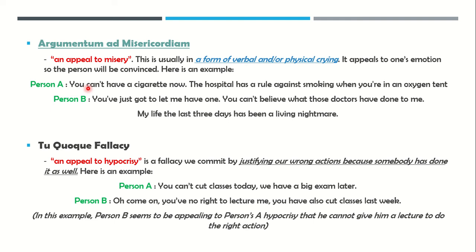So here is an example. Person A says, "You can't have a cigarette now. The hospital has a rule against smoking when you're in an oxygen tent." Person B replied, "You've just got to let me have one. You can't believe what those doctors have done to me. My life the last 3 days has been living a nightmare." So, di ba? Person B nagpakaluoy kay person A. So, it is like an appeal to pity or an appeal to misery.